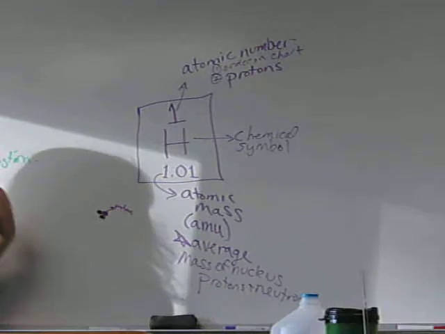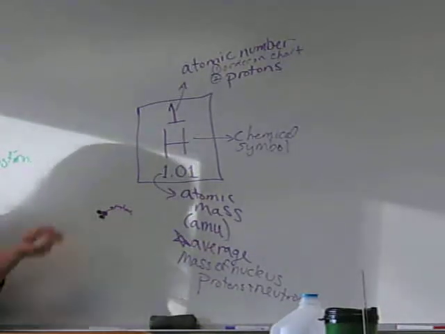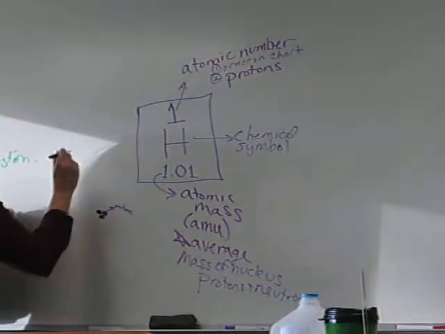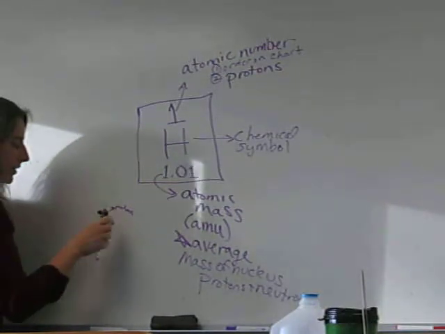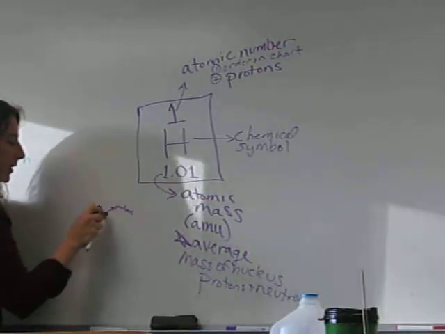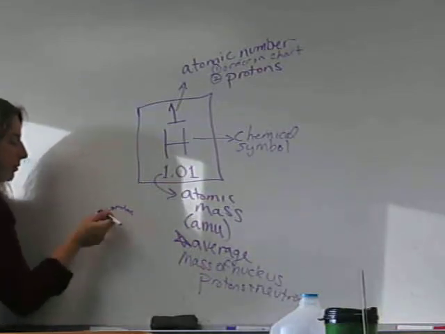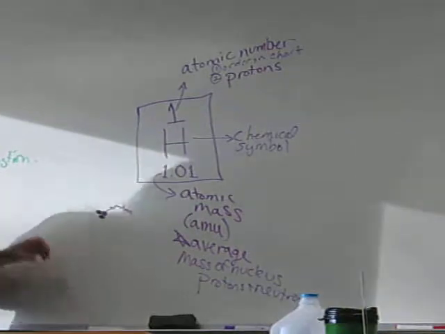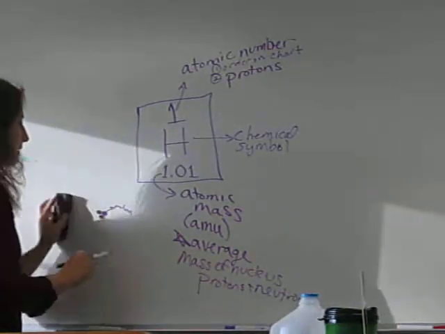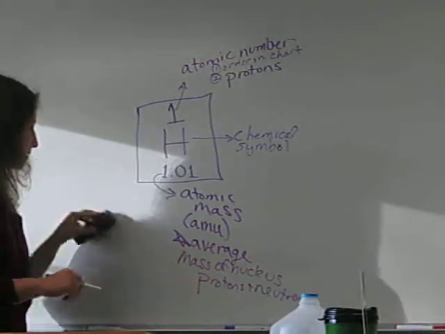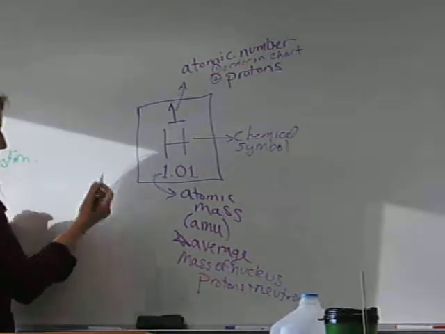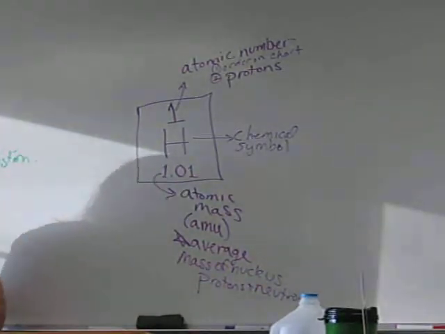And so if you consider every hydrogen atom on planet Earth, and you add up all the ones with the mass of 1, plus all the ones that have 1 proton and 1 neutron, and all the ones that have 1 proton and 2 neutrons, and then you average the mass of every hydrogen atom on Earth, because we know the probability of those that have some neutrons, then you get the atomic mass.